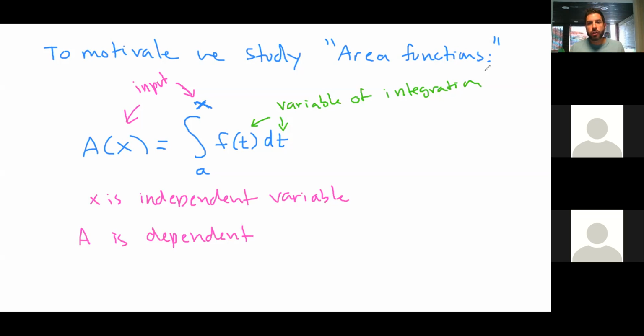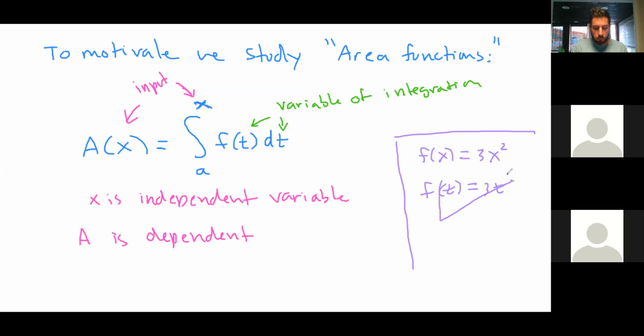Now, this is not new to you. You guys understand that. So, for example, let me remind you of all I'm suggesting. When you were in an algebra class, you guys all know that f of x equals 3x squared and f of t equals 3t squared.